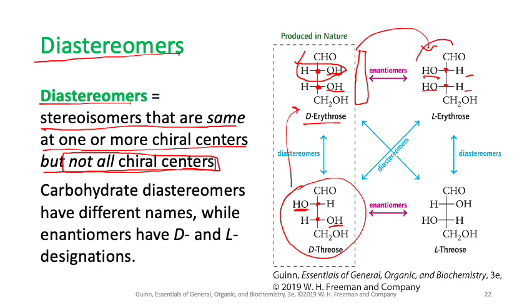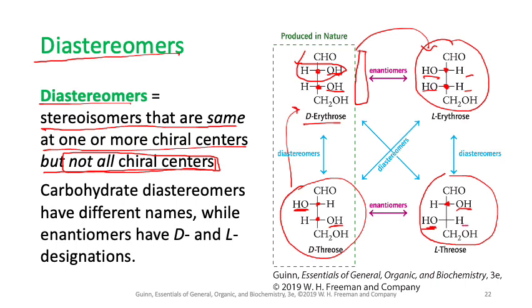If we take now this molecule and this molecule, what's happening over here? Again, on the first chiral center, the atom or group is flipped. Now they're on the other side, OH. But if you look at the second chiral center, the groups are the same.